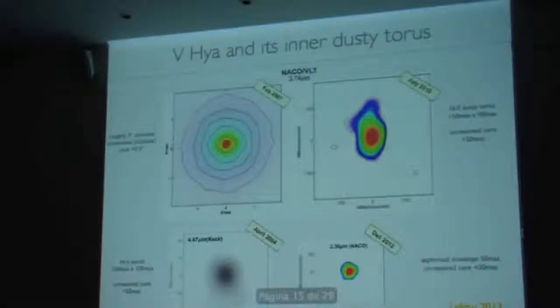No question at the back. Could you show me the images of the Hydra again? 3.74 micron. You show two images taken at two epochs. The upper panels, the difference, they look very different. So the difference is due to the time variation? That could be the case. But this is a much larger scale than this one.